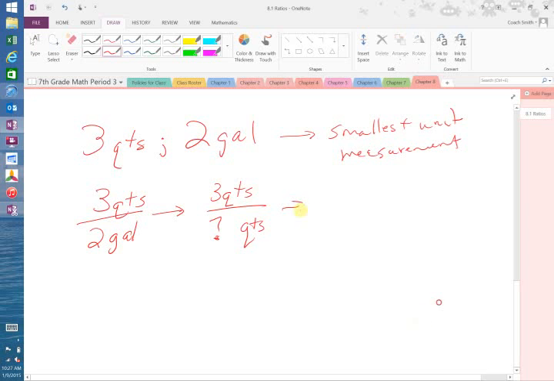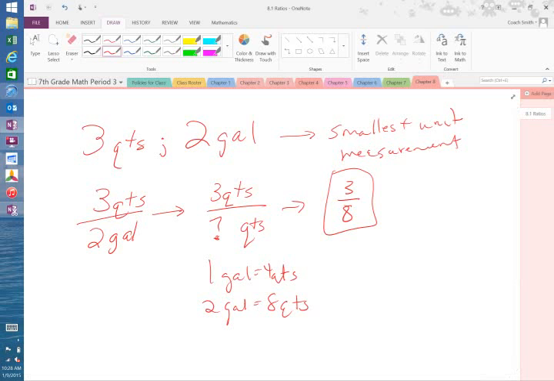So 1 gallon equals 4 quarts, so 2 gallons equals 8 quarts. So then our 3 over 8 is our ratio. You just leave it in that form because there's nothing else you can do.